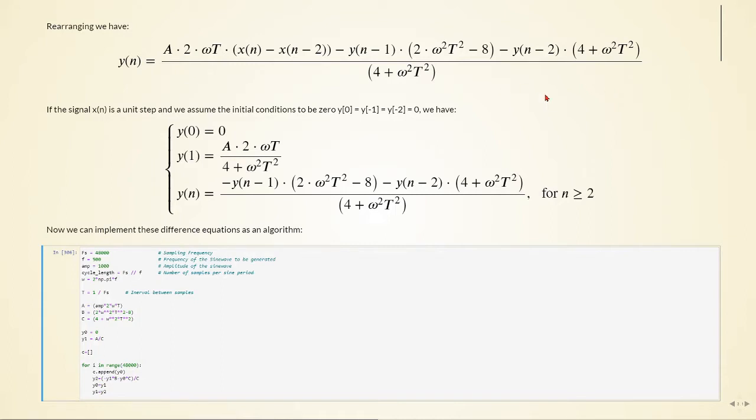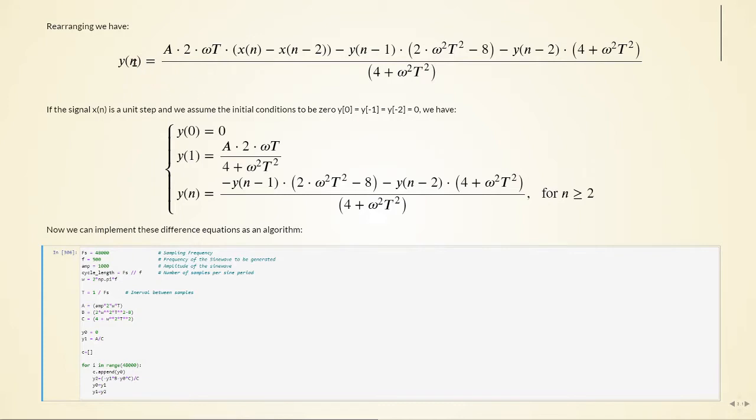So we want our output to be 0 when n in this case is 0, and the previous outputs are also 0. So when we replace n equal to 0, we know that the output is 0.